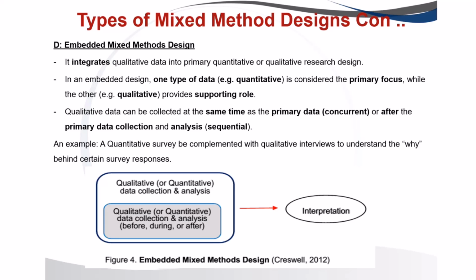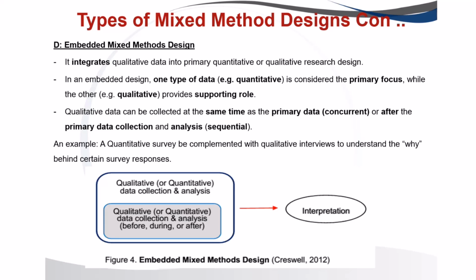What's important about this type of mixed method design is that one type of data is considered primary, all right? If you consider quantitative, definitely it becomes your primary focus, while the other one, which could be maybe qualitative, provides a support role to your primary focus data collection type, which is quantitative.